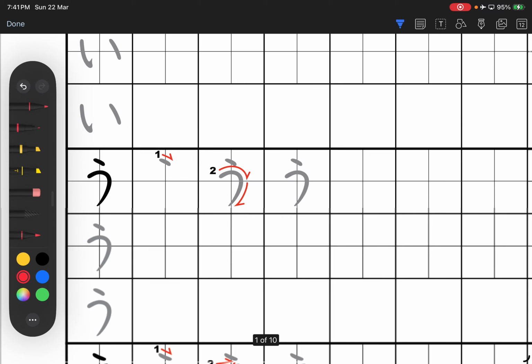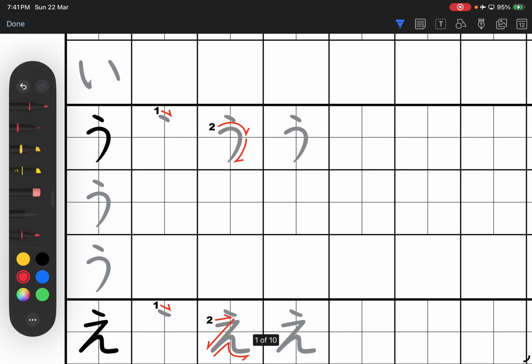Next we have U. U is just like a snake, a cobra coming up, and then a dot at the top. Usually I will just write U. I need you to write this as curved as possible because there is another letter that looks like this.